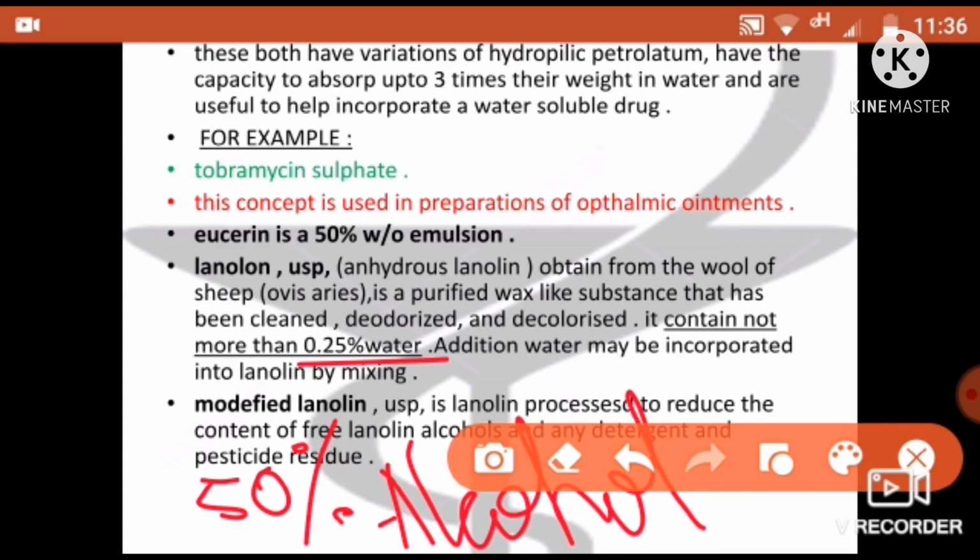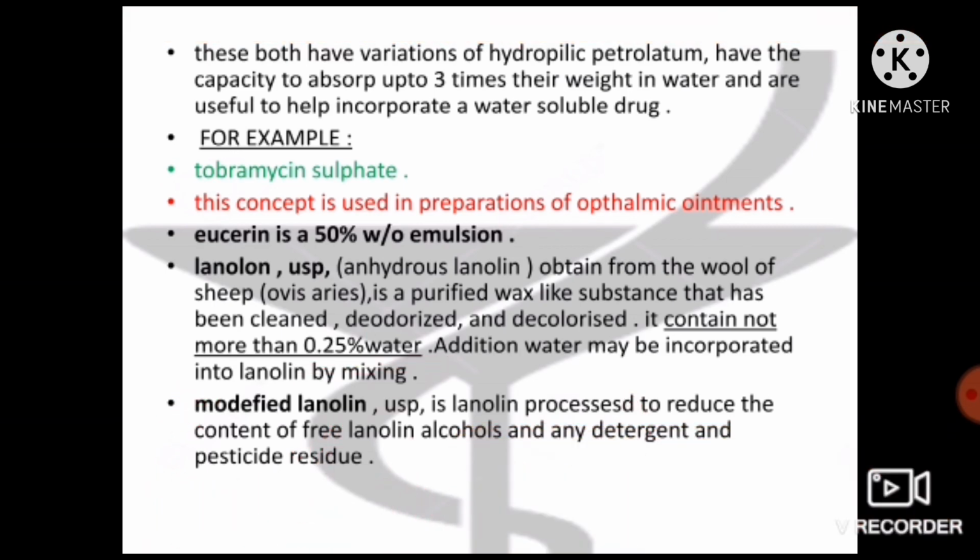For the removal of this 50% alcohol from the lanolin, we pass it through different processes to reduce the content of free alcohol and make modified lanolin for use as an ointment base. So these are the examples.